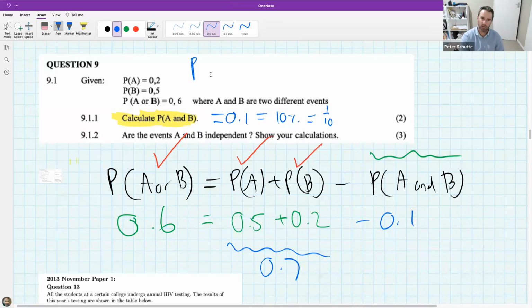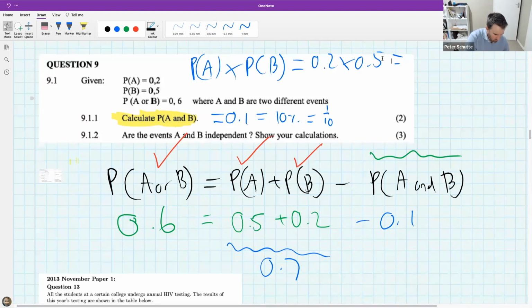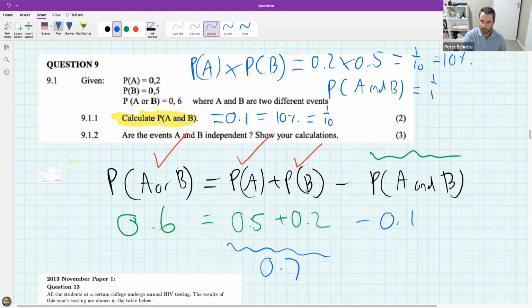So I think I want to find out what that is, which is 0.2 times 0.5. And that should be 1 out of 10 or 10%. And I already know that the probability of A and B is 1 out of 10 or 10%. So are they independent?